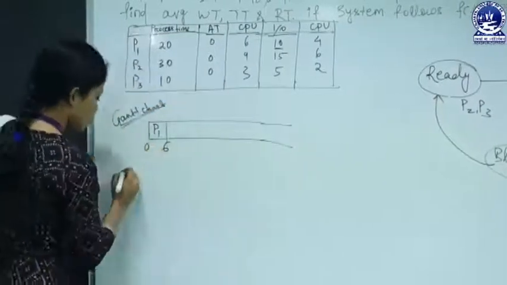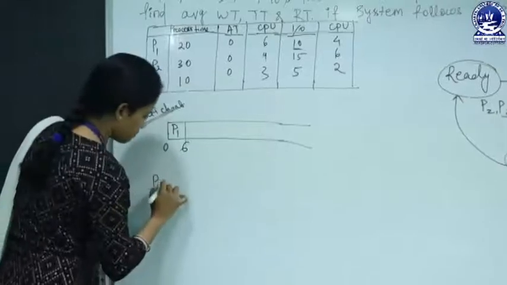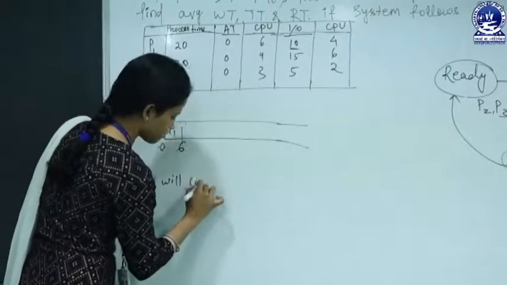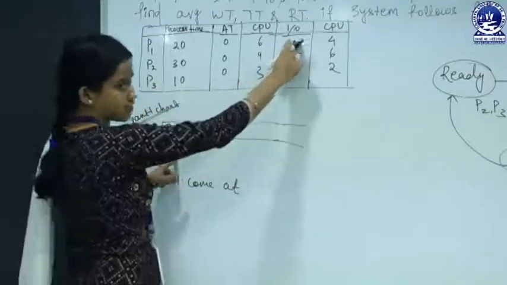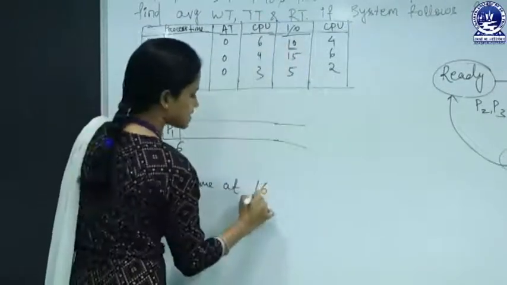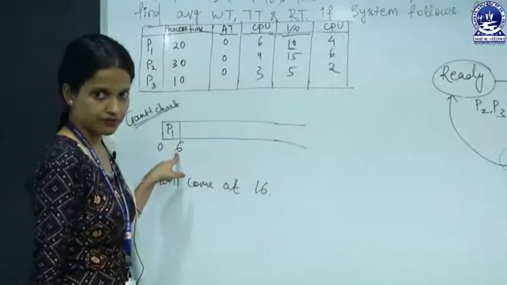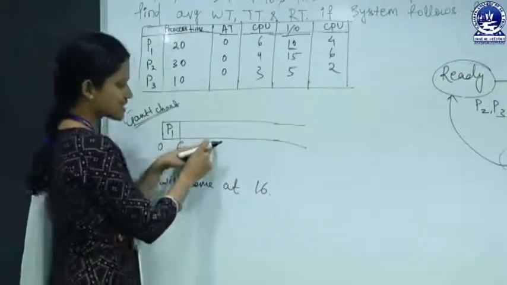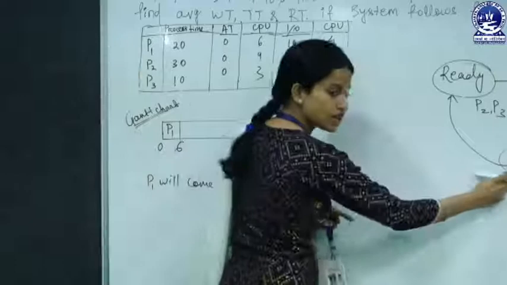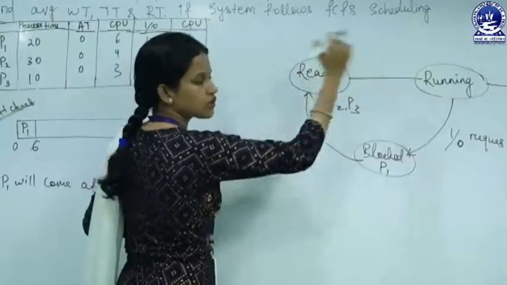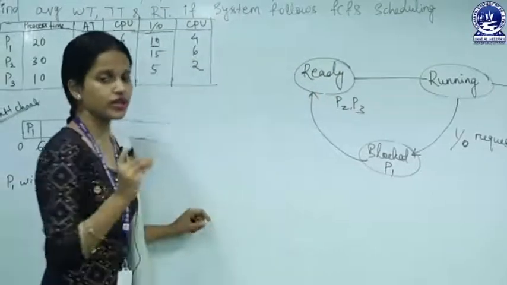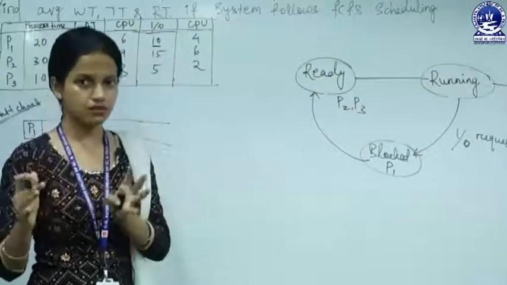So we can write P1 will come back at 6 plus 10, at 16 units of time. When the time is 16, P1 will again come to the ready state and go to the running state for doing its last part of CPU.